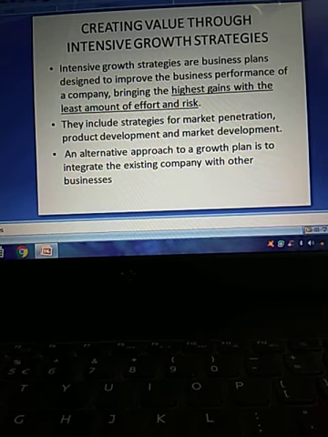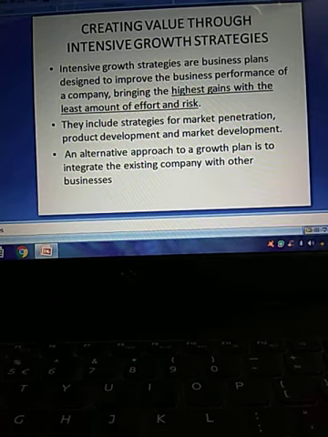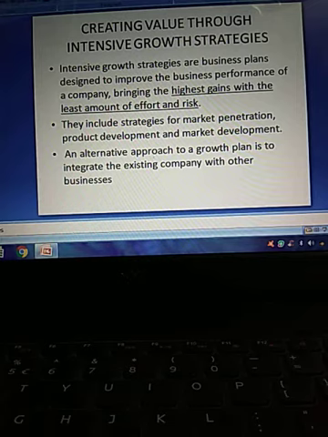Generally these approaches are useful for the highest gains with the least amount of effort. For intensified growth strategies, the best strategies used were developed by Igor Ansoff.